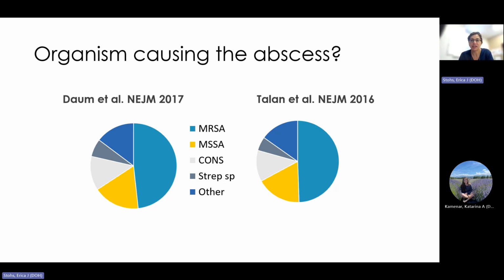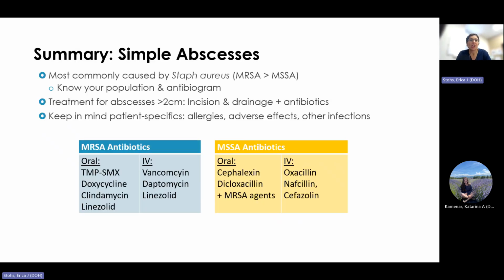So with that in mind, we want to cover MRSA. Which antibiotic do we use? For simple abscesses, like I mentioned, know your population and know your antibiogram, but you can see your MRSA-specific antibiotics here.